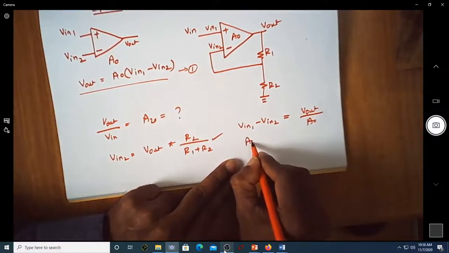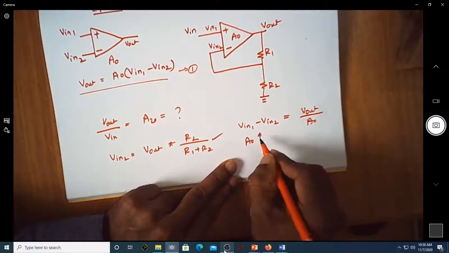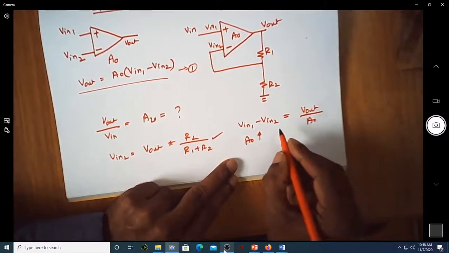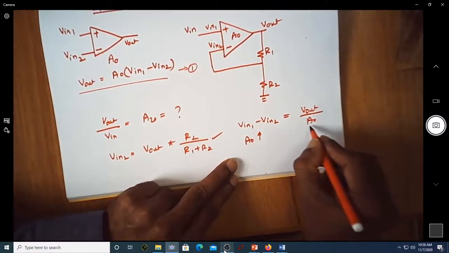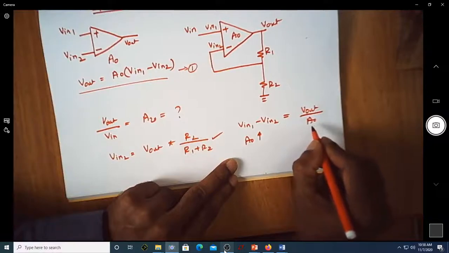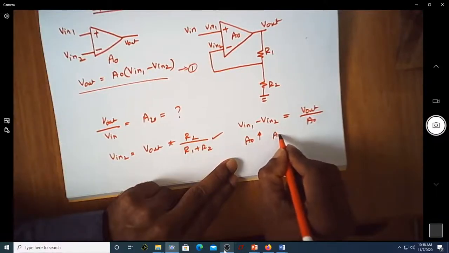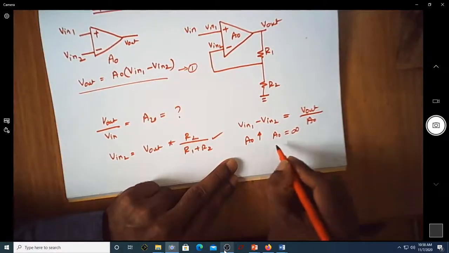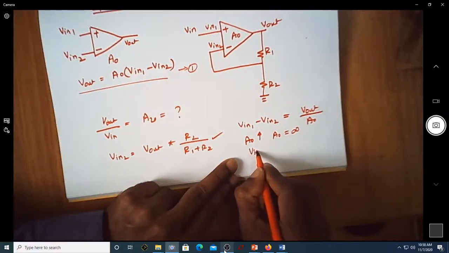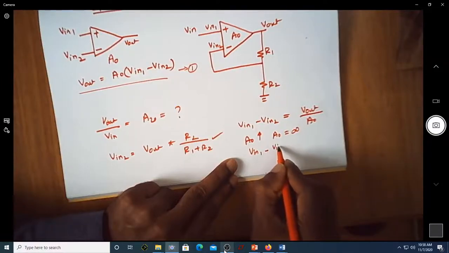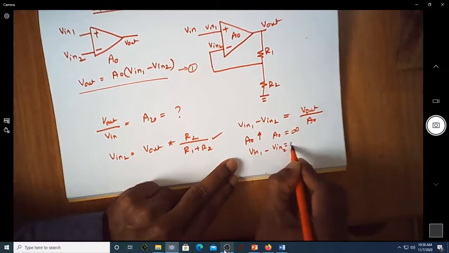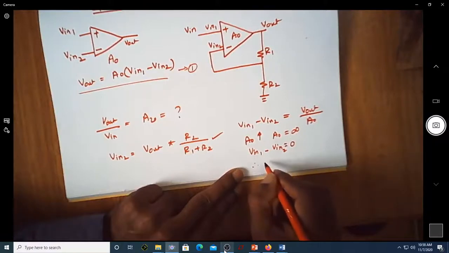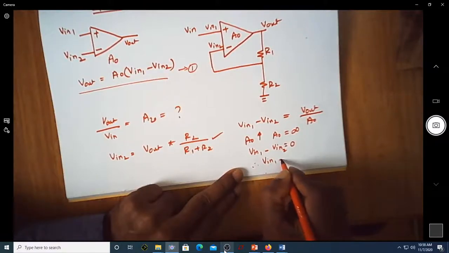Usually the value of A0 will be very large, maybe 10 power 4, 10 power 6 or 10 power 8. Suppose you consider A0 as infinity, which is an ideal condition, can I write in such a case V in 1 minus V in 2 as equal to 0? So I can write V in 1 is equal to V in 2.